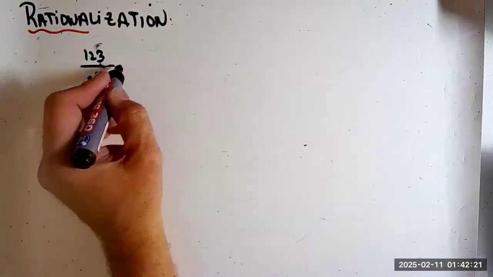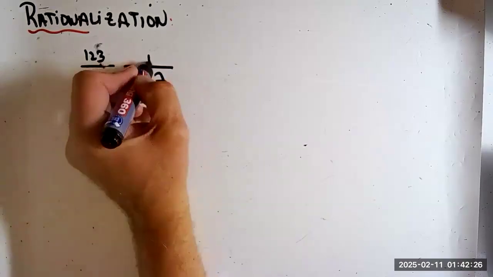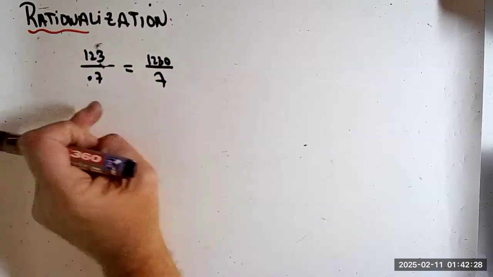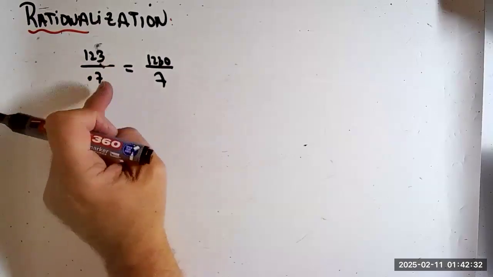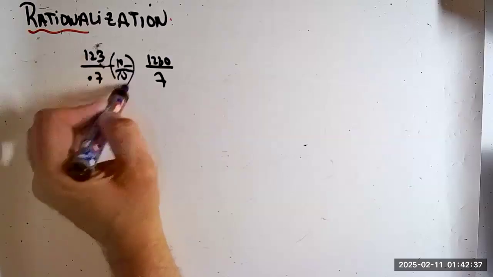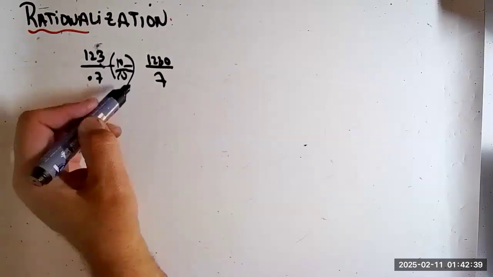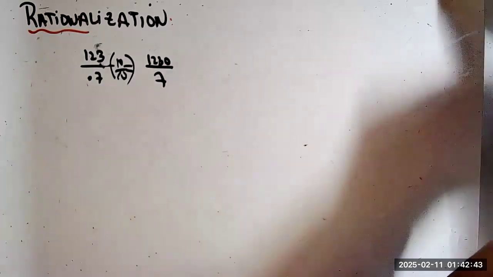I multiply by 10. In other words, I move the decimal place one, so I need to do 7 and 1230. So now we have to divide 1230 divided by 7. So I multiply by 10 on top and bottom, so I can move that decimal place, 10 over 10, namely 1. Right? I multiply by 1. Because we just cannot divide by a decimal number.